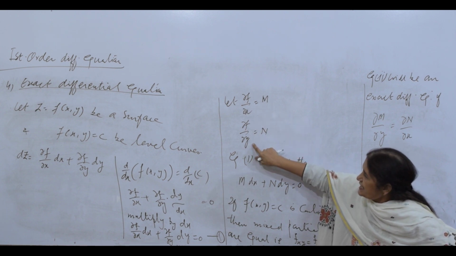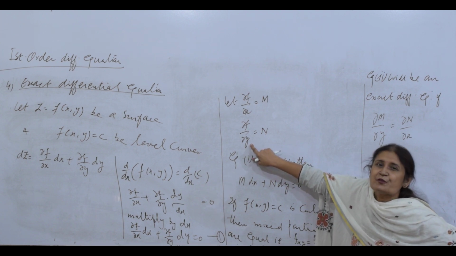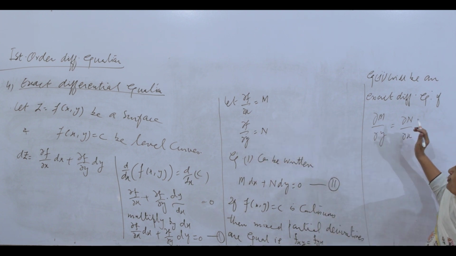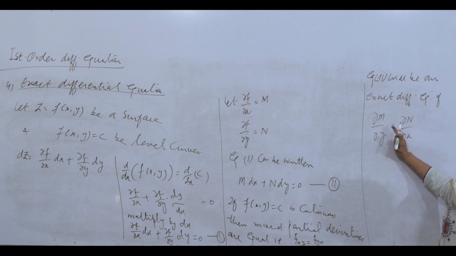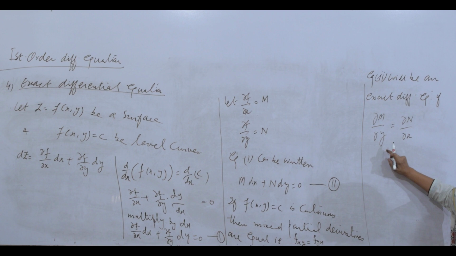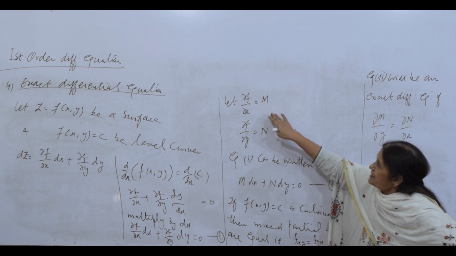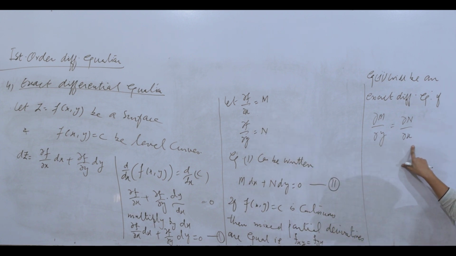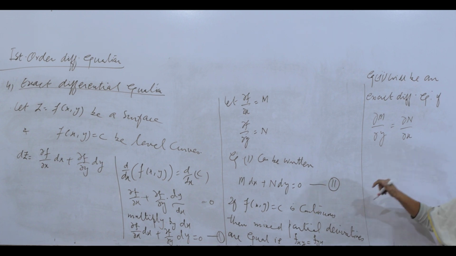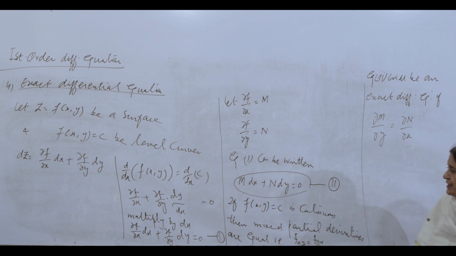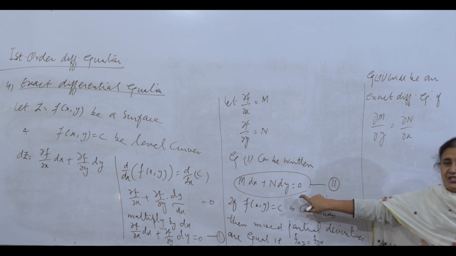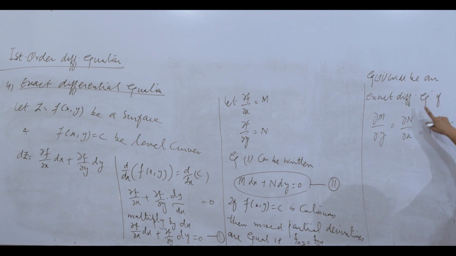And since N is the derivative with respect to y, first you have to differentiate this with respect to x. So it is a mixed partial derivative, partial squared f over partial x partial y. If both partial derivatives are equal, this is the format of an exact differential equation. If both partial derivatives are equal, then the equation is exact.